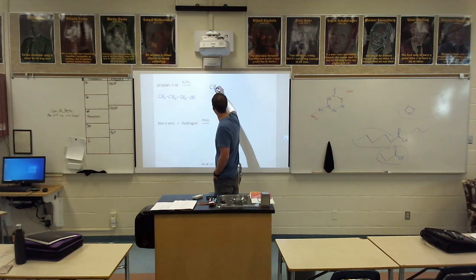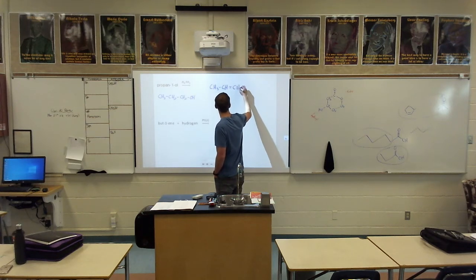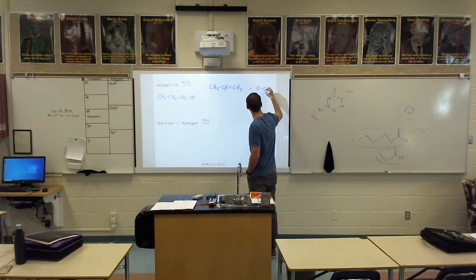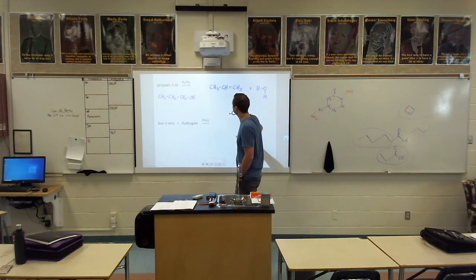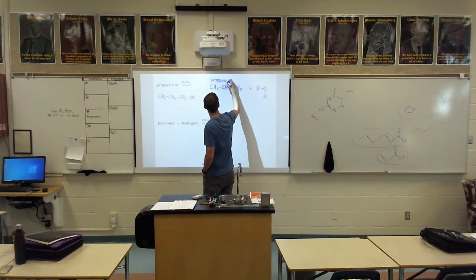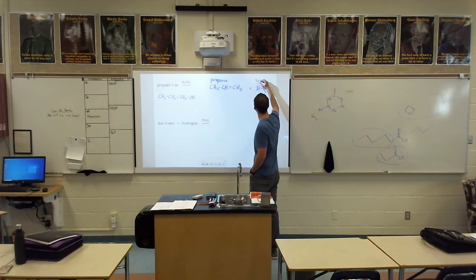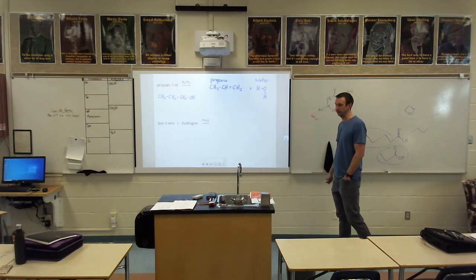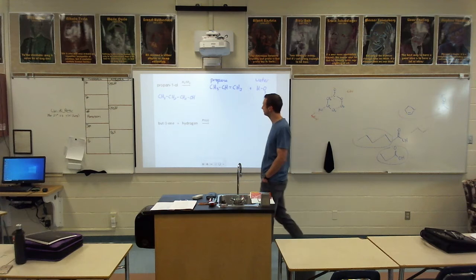What you'd actually get is CH3, CH, double bond, CH2, and you would get water. So propene and water are my two products here. And again, this is an elimination.